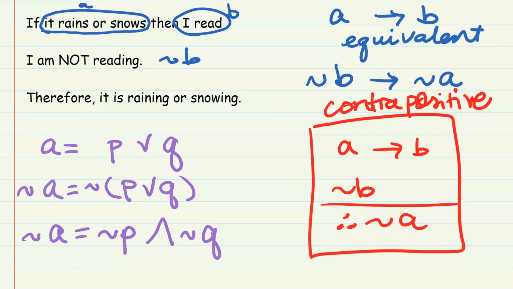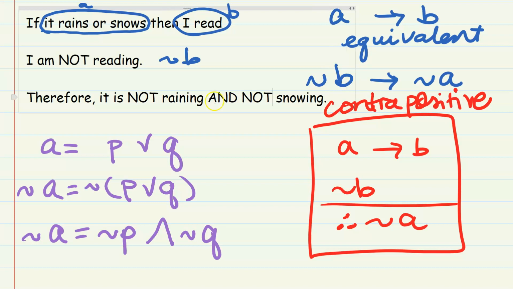It would have to be: it is not raining and it is not snowing.